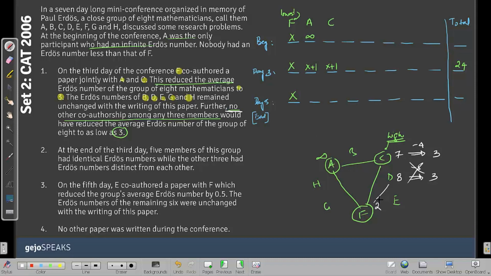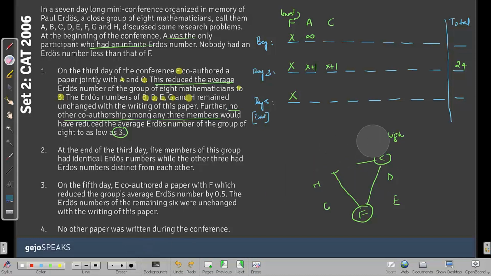So this is not possible, which means among at least the rest of them, D, E, G, H, B, the value of C would be pretty high. That's what that means, right? A is anyway infinity. If you take any other combination, it's not going to work at all. So this is the lowest. This has got the highest reduction. So C's value is pretty high.